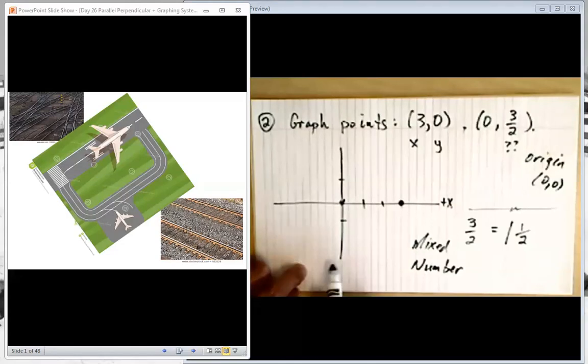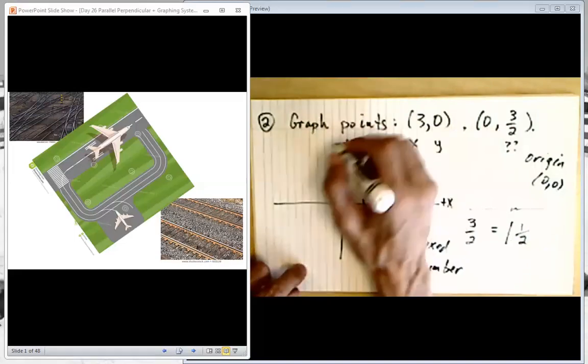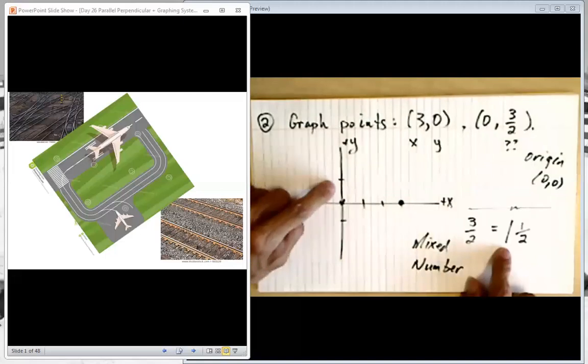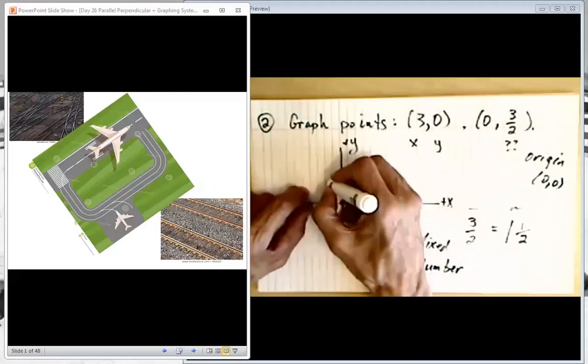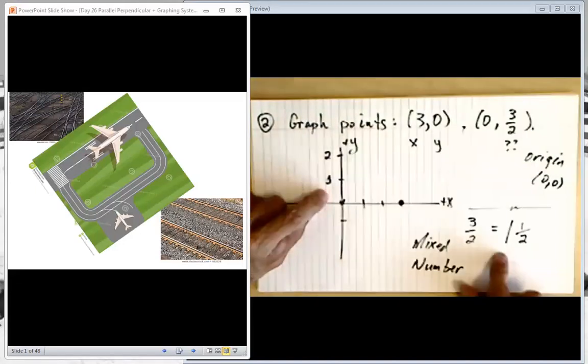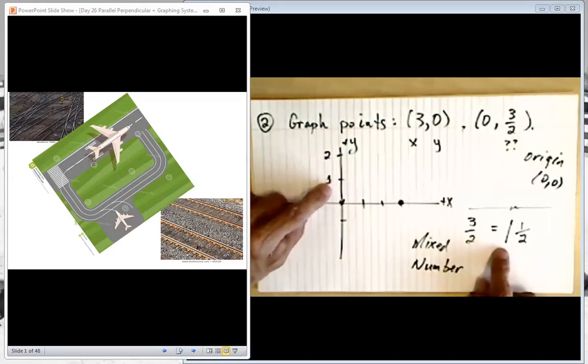It's going in the positive direction, so we're going upwards. It goes up by 1, and then a half. That's how you read it.